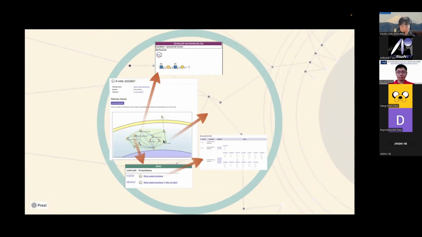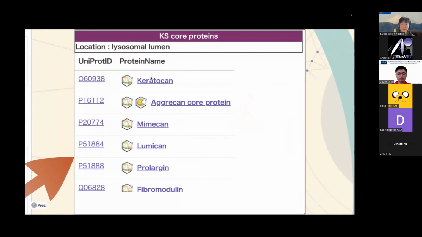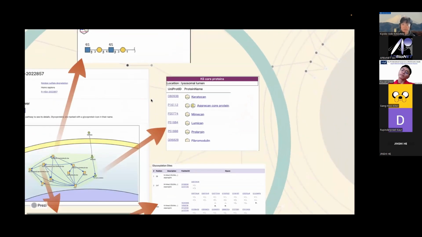The circles indicate proteins. If you click on this, you see the core proteins that are being degraded in the lysosome. In this case, this is a complex. We have different types of these keratan sulfate core proteins. This one also indicates it's a lectin, so it has further links to the lectin pages indicating what kind of glycans it is known to recognize and bind to.